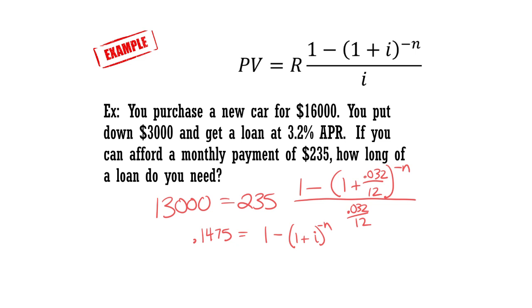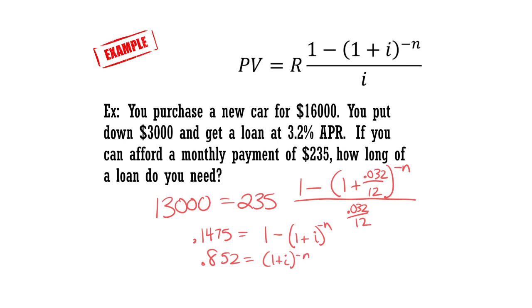Okay, so now it looks like I want to subtract the 1. And when I subtract the 1, this is gone, but the negative is still there. So let's go ahead and divide by a -1 to get rid of the negative. So now all I have left is this. And what I have on my calculator now is 0.852 is equal to 1 plus I to the negative n.